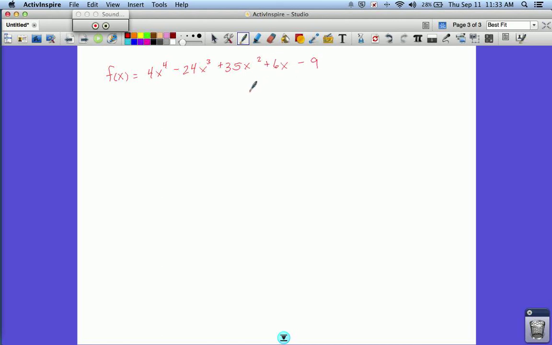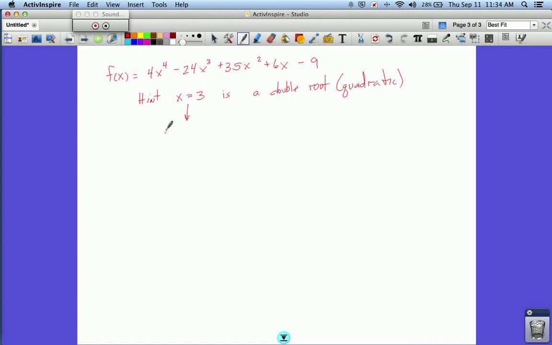Now I don't graph that. I am given a hint: x equals 3 is a double root. A double root means it's a quadratic root. In other words, it's (x minus 3) squared, right?